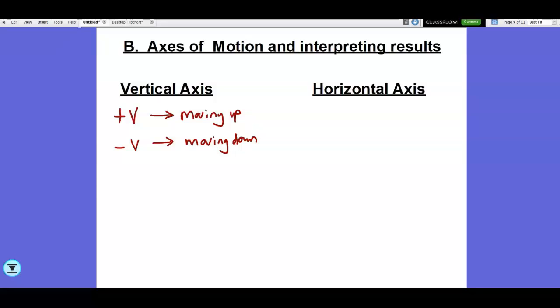Well, you don't have to write this, but delta S tells you how much it moved up, but velocity is delta S divided by delta T. So this just tells you how much you moved up over a certain amount of time. Okay, so it tells you how fast you're moving up.